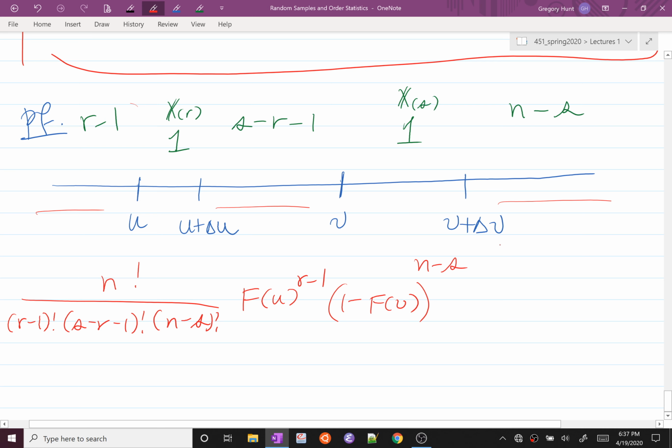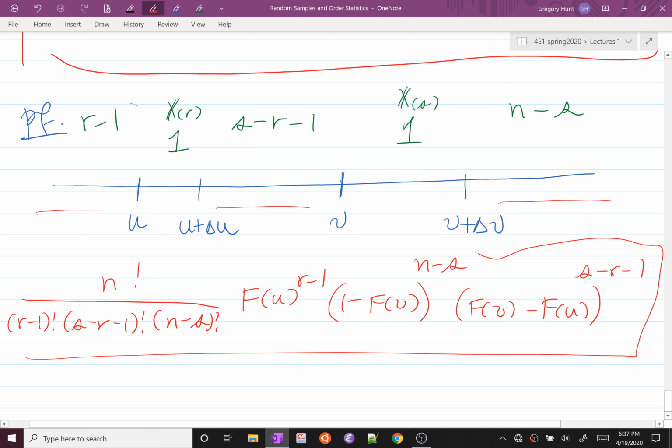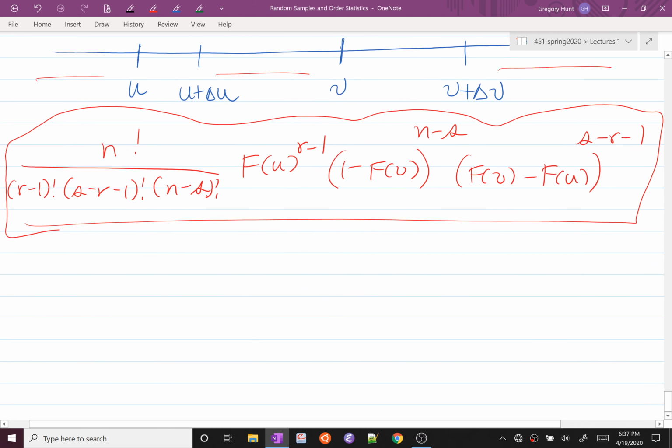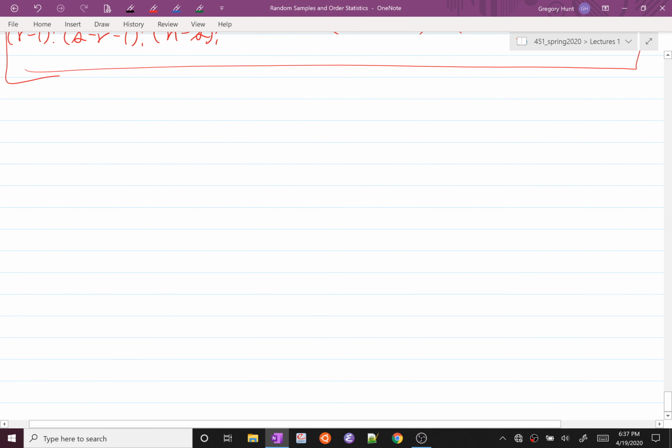And the probability that we get things between u and v is F of v minus F of u, to the s minus r minus 1. So that's the formula we get. A quick, hand-wavy proof, but good enough for our purposes. It gives you some intuition about where this formula comes from, so it's not quite as mysterious.